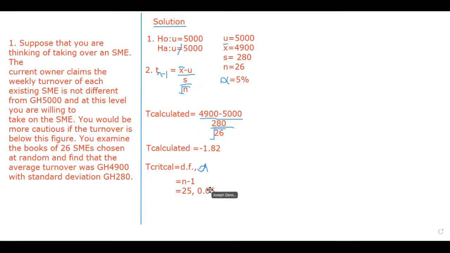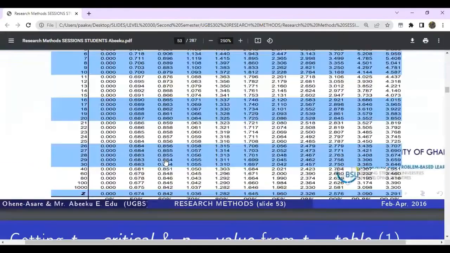No. Maintain it as it is because we are having 2 tail test answers on the table. So you are going to search for 25, 0.05. And wherever they meet, you choose that one as the critical value. So let's move on to the slide and visit the table.